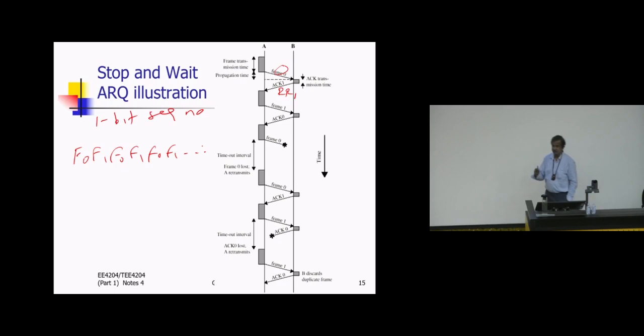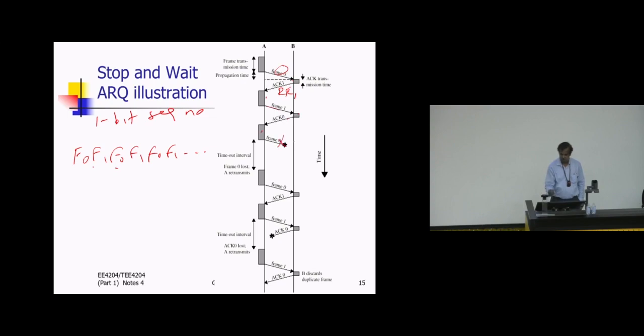Because the sender can transmit the next frame only after receiving the acknowledgement of the previous frame, just a 1-bit sequence number is fine. F0, F1, F0, F1. Is it okay? Because when it receives this F0, it should go through this F1, right? This F0 is different, obviously. So that's why it says frame 0, RR1. Frame 1, it says RR0.